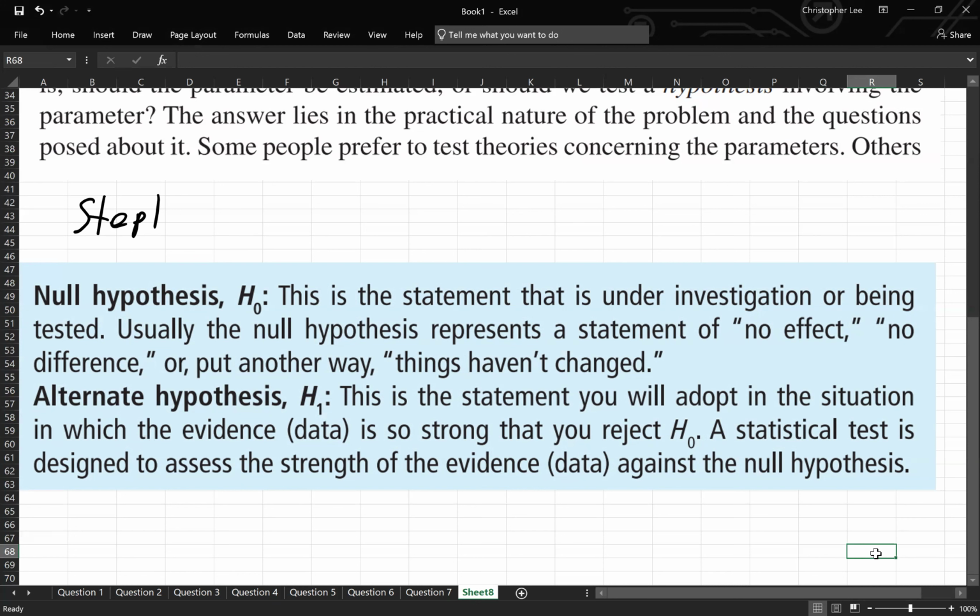The alternative hypothesis, H1, is the statement that you will adopt in a situation in which the evidence, or the data, is so strong that you reject the null hypothesis. A statistical test is designed to assess the strength of the evidence, the data, against the null hypothesis.